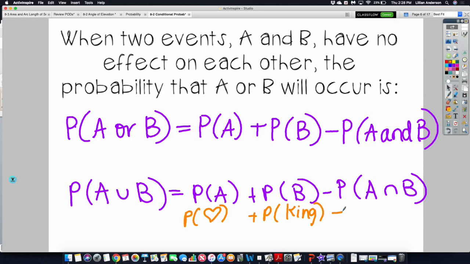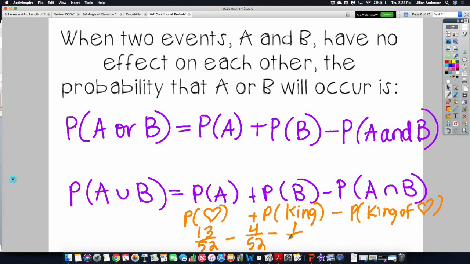You see what I'm saying? So how many hearts are there? There are 13 hearts out of 52. How many kings are there? There are 4. But you counted that one card, the king of hearts, twice.